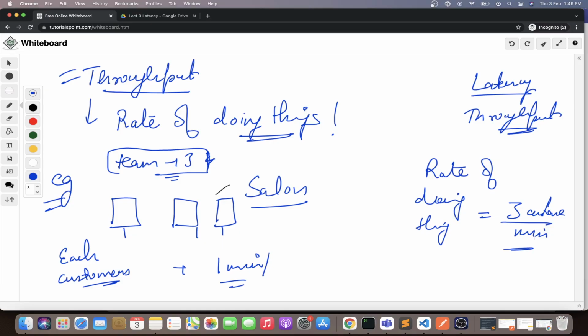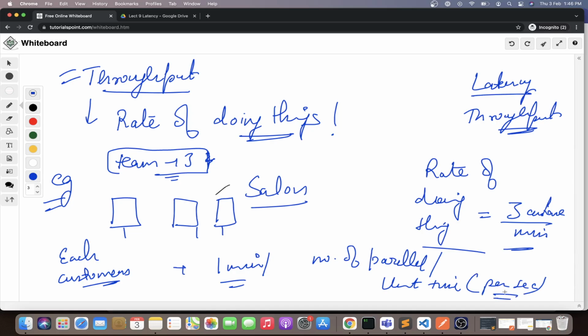In the programming world, the number of parallel requests per unit time, or per second, is the throughput. If we have only three chairs, and the fourth customer comes, he has to wait for the queue to complete.